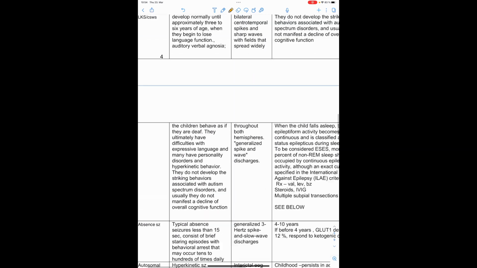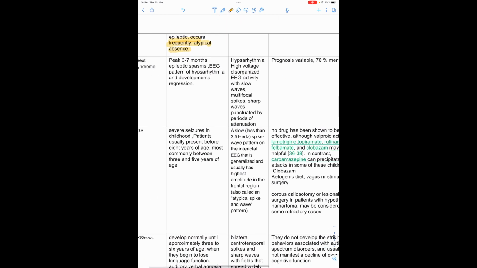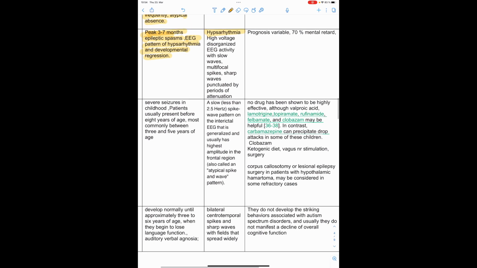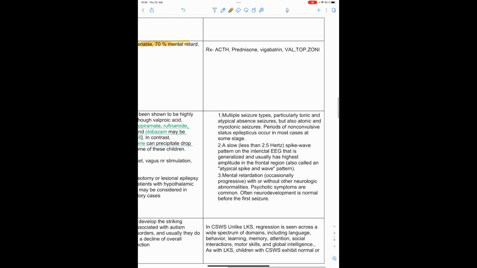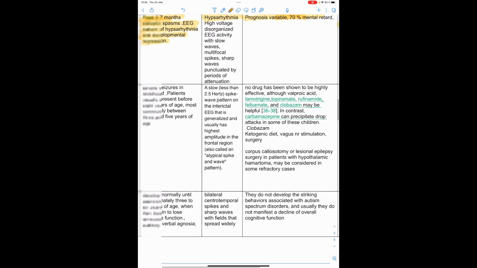The important things to remember are that peak is 5 to 7 months, epileptic spasms are there, EEG pattern of hypsarrhythmia and developmental regression. And what is hypsarrhythmia? That I told you: high voltage disorganized EEG activity with slow waves, multifocal spikes, sharp waves, punctuated by periods of attenuation. And prognosis is variable, but 70% are mentally retarded. And what drugs we use, I told you.